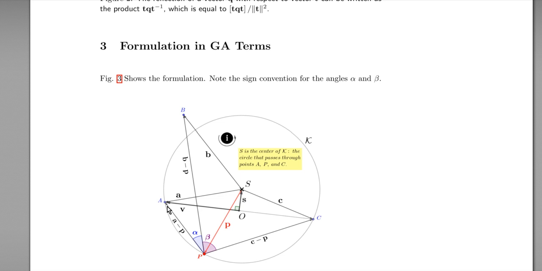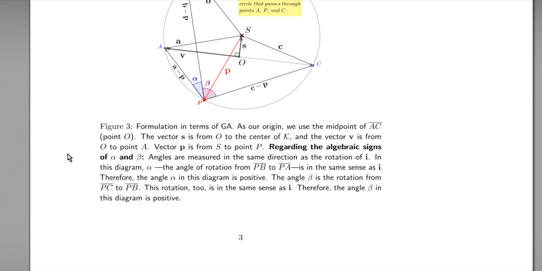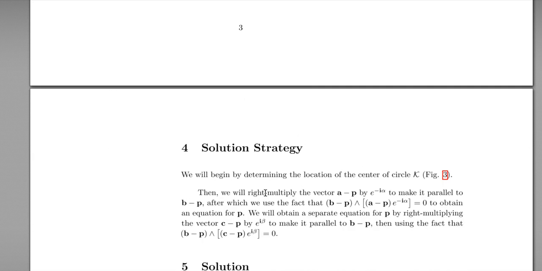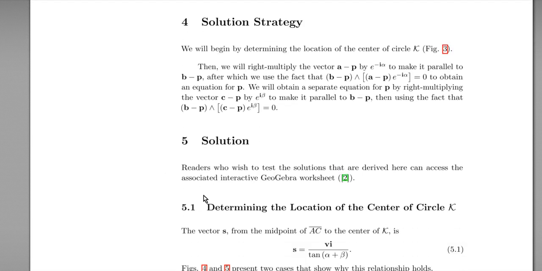And what we will do then is rotate AP until it coincides with BP, and we will rotate CP until it coincides with BP. And from the formulas for the rotations, we will obtain formulas for the result, the vector from the center here to P. So this is the solution strategy that I just described, and now we'll go into the solution.